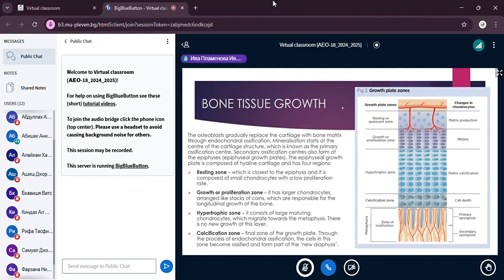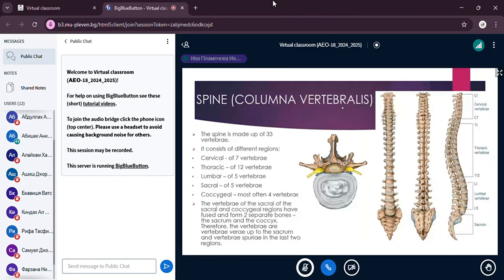And let's start with the spine, or in Latin, columna vertebralis. The spine is made up of 33 vertebrae. It consists of different regions. From C1 to C7 is cervical region.